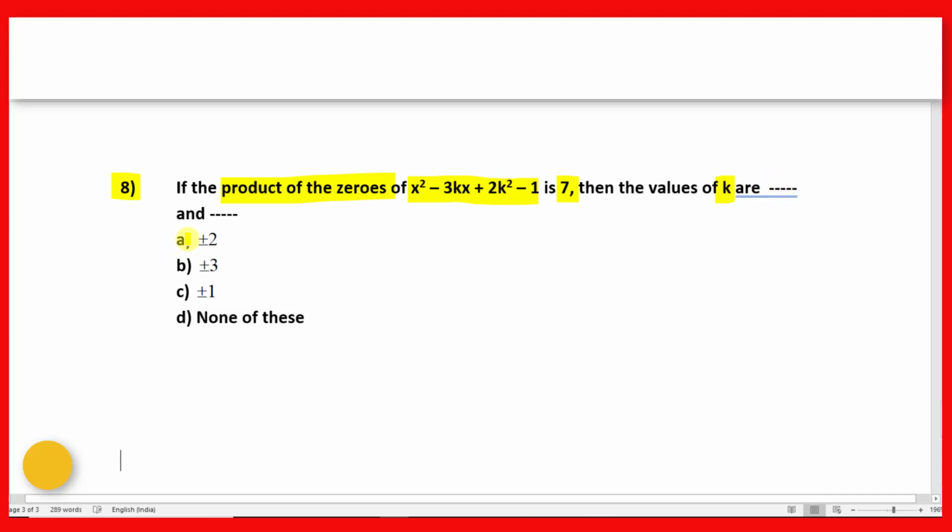So here the given equation is x square minus 3kx plus 2k square minus 1, and it is said that the product of the roots is 7. So product of the root, that is c upon a, so it will be 2k square minus 1 upon 1, so that is equal to 7.